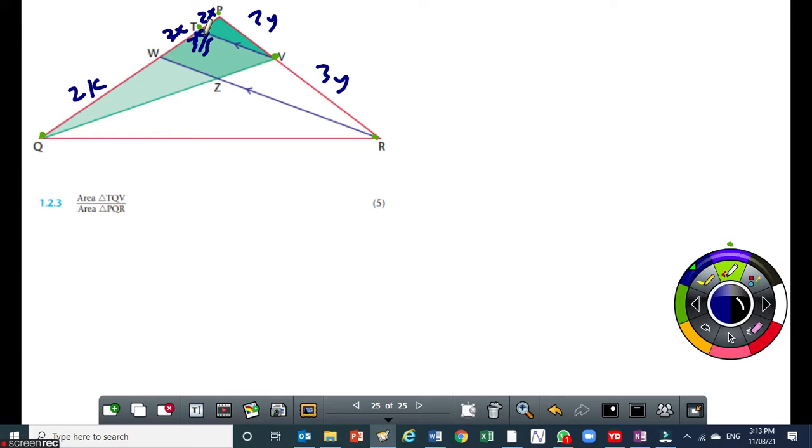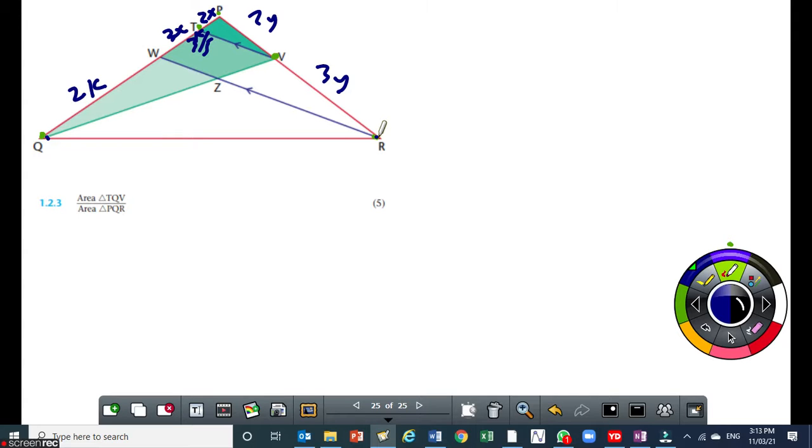Now those two triangles, I'm sure you can see that we have got TQB and PQR. They share a common vertex, but do they have a common height? No. They don't have a common height because their bases are not on the same straight line.